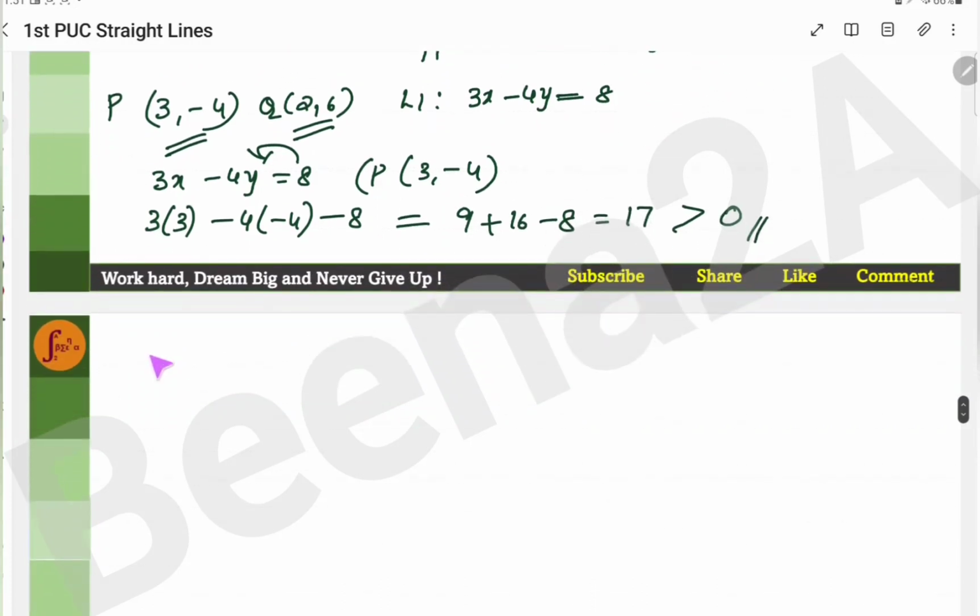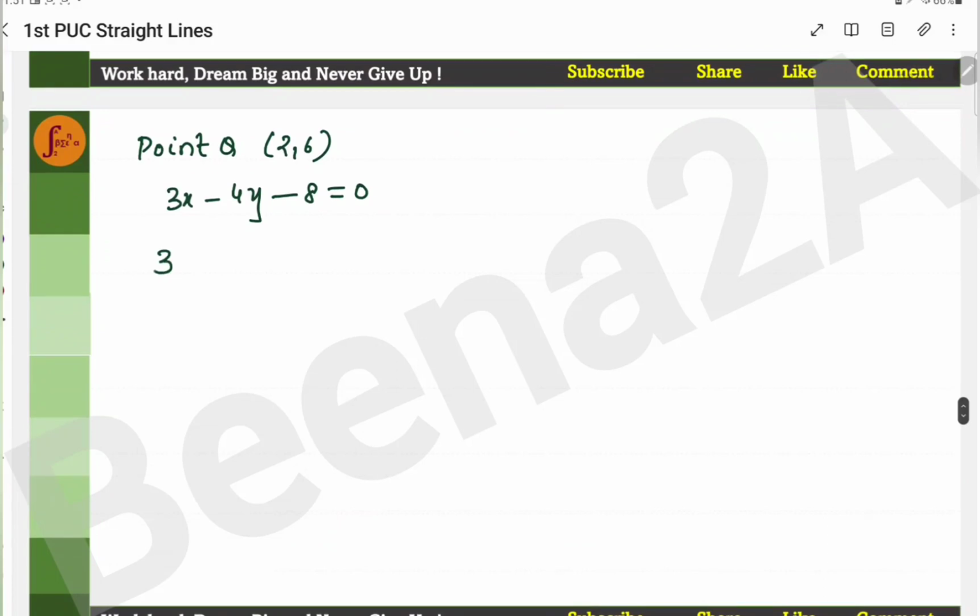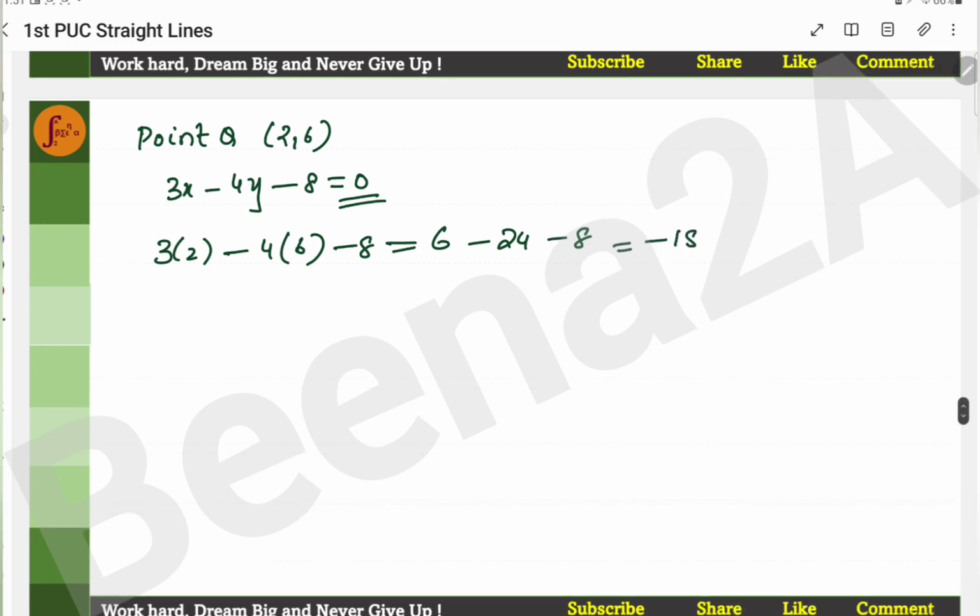Now we'll put point Q, which is 2 comma 6, in the same expression, 3x minus 4y minus 8. So it will be 3 into 2 minus 4 into 6 minus 8. What do we get? We don't have to equate it to 0. We have to find what the value would be. So it will be 6 minus 24 minus 8, which is minus 18 minus 8, which is minus 26.